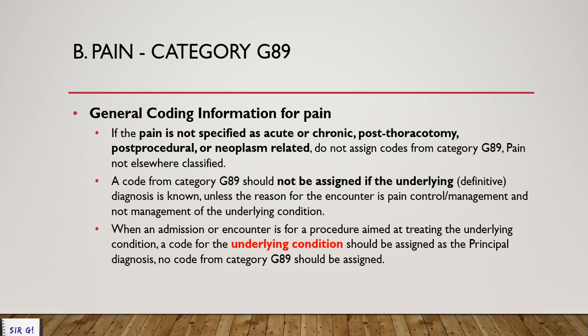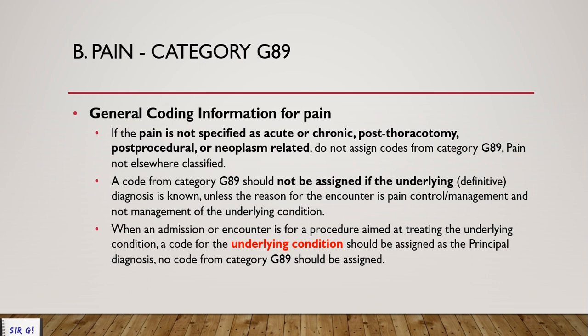It's a general code. Now, if we have an underlying or definitive diagnosis, which is the main reason for the encounter, unless the reason for encounter is pain management, we should not use G89, because remember, we already have the definitive diagnosis that is available.